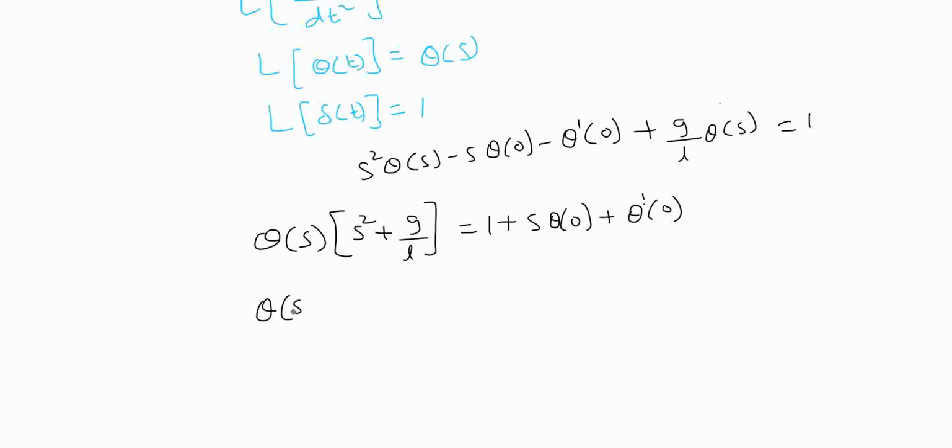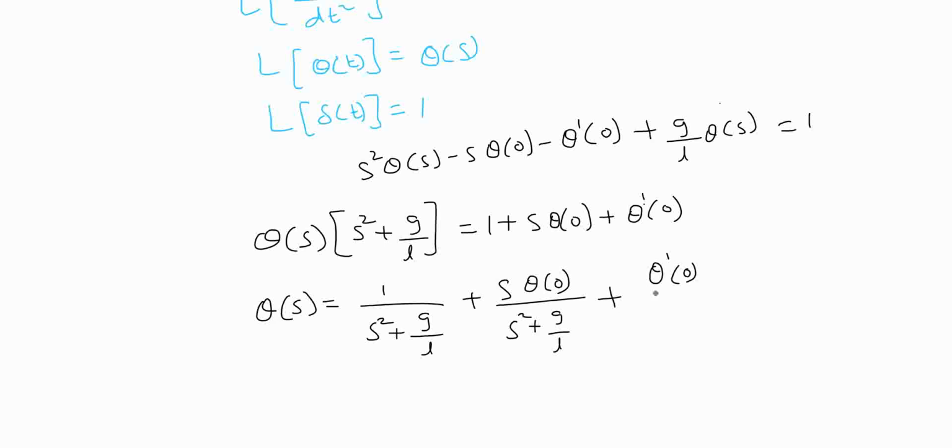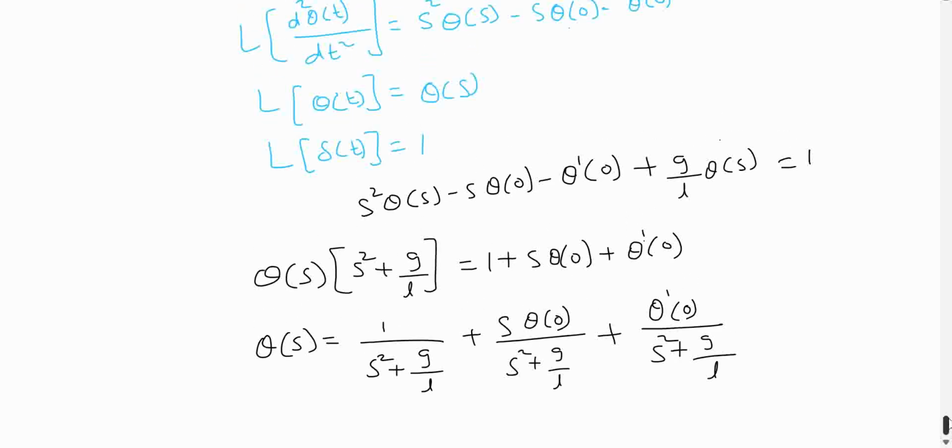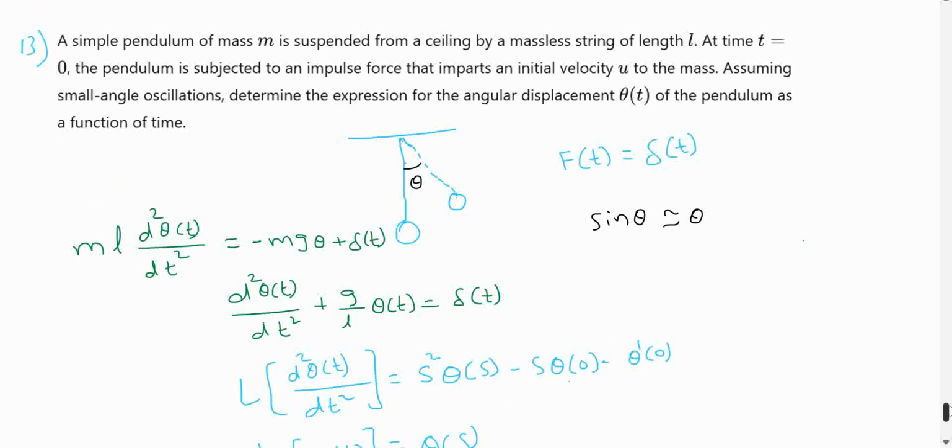Now theta of s equal to 1 by s square plus g by l plus s theta of 0 by s square plus g by l plus theta dash of 0 by s square plus g by l. So we have to calculate theta of 0 and theta dash of 0 from the question, that is initial conditions.